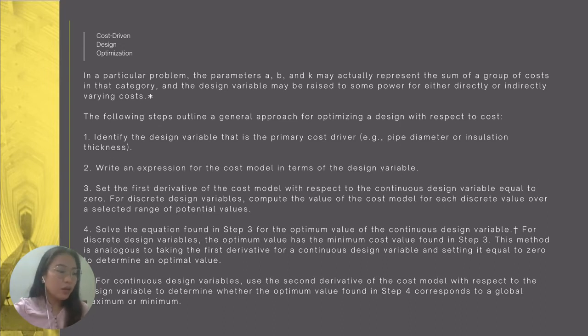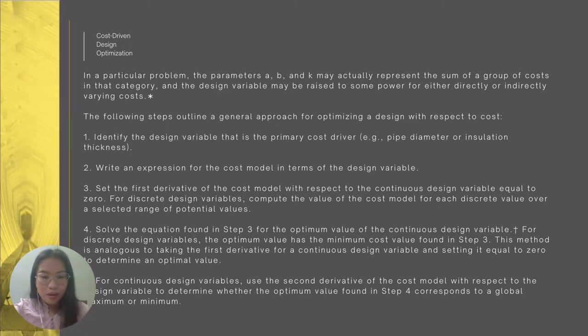So we can use this if we have an actual given problem. Anyway, I am sharing this in case you are interested in solving something that involves optimizing a design with respect to cost.